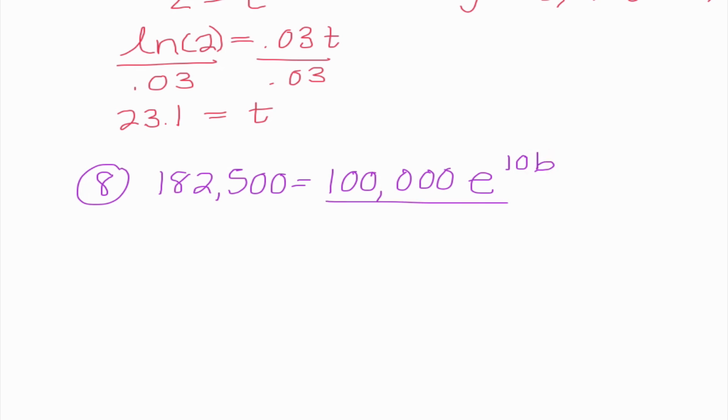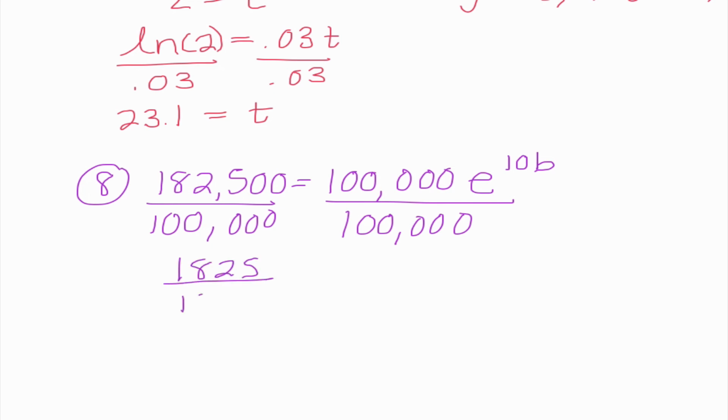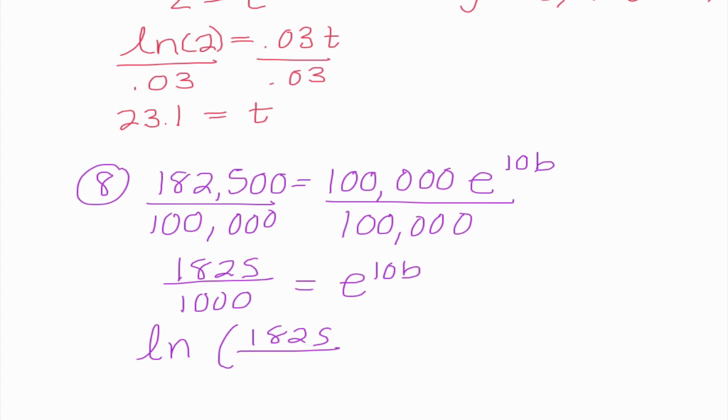So I'm going to divide both sides by 100,000. And so I get, I'm just going to reduce this. I know it reduces even more, but that's okay. 1825 over 1,000 equals e to the 10b power. So I'm going to change forms, and I have ln of 1825 over 1,000 equals 10b.